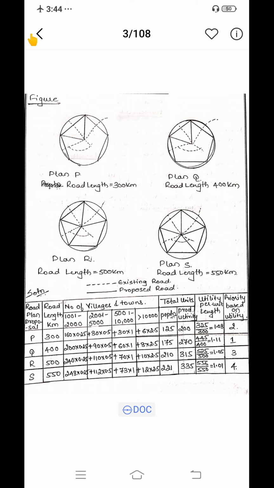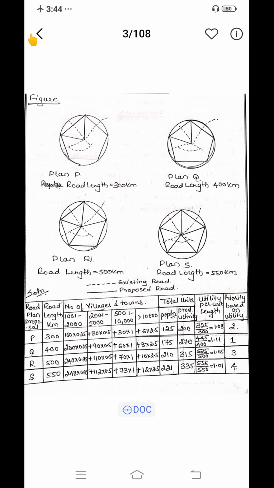Based on this utility factor we have to decide the priority. The values are 1.08, 1.11, 1.05, 1.01. The highest is 1.11, which is proposal Q. The one having the highest utility per unit length gets the highest priority, priority 1.